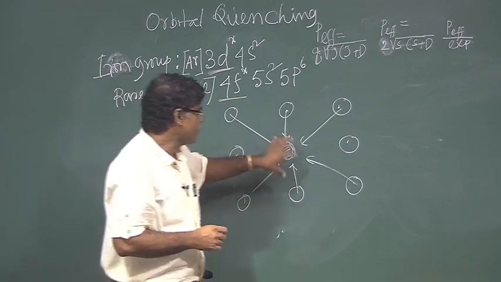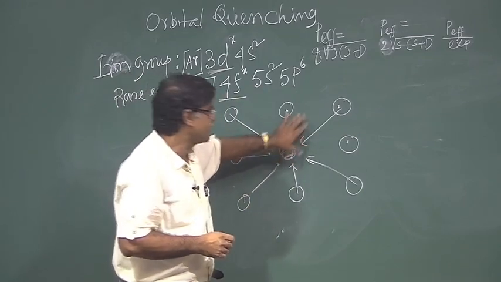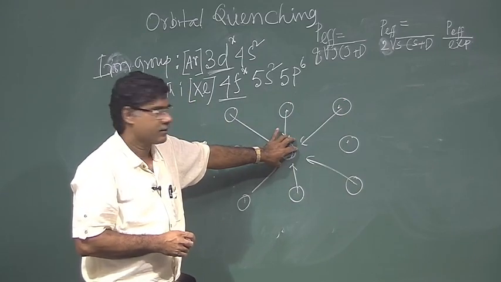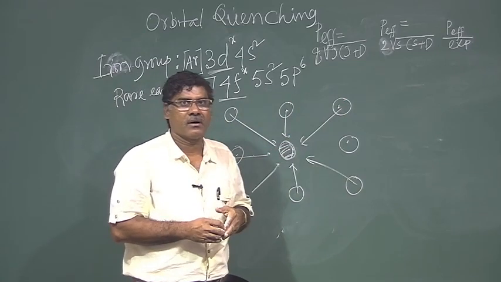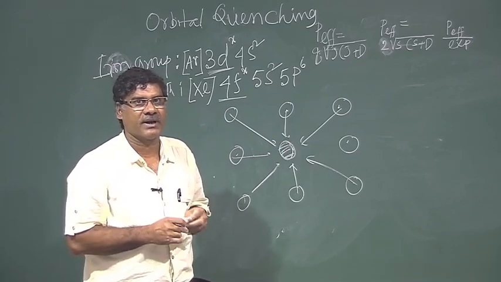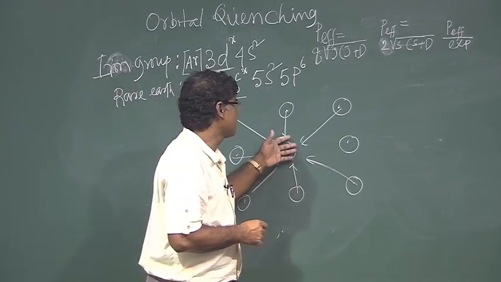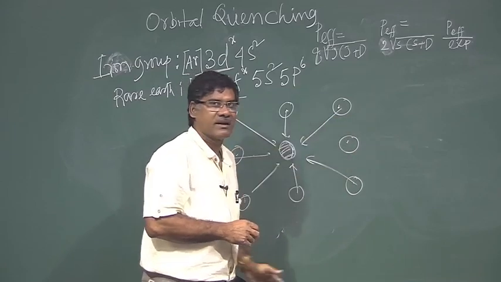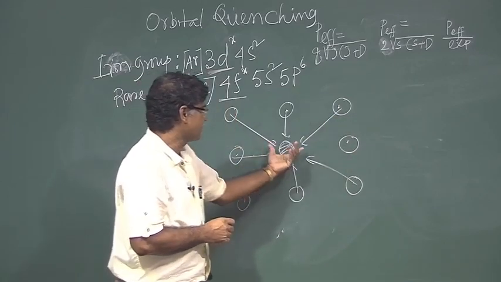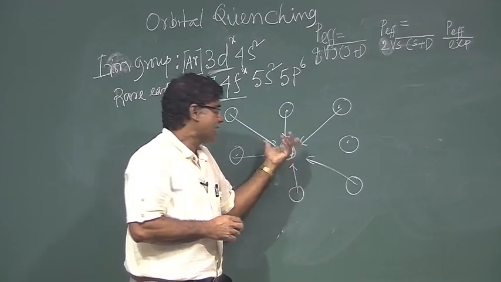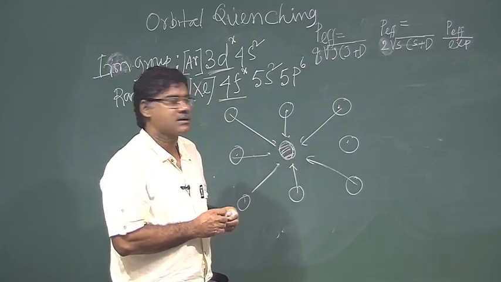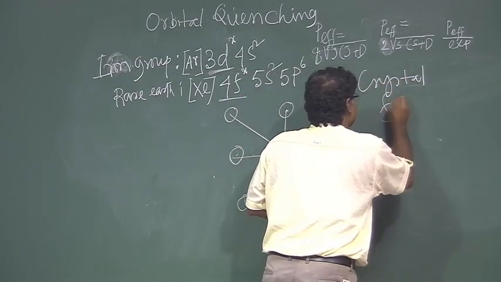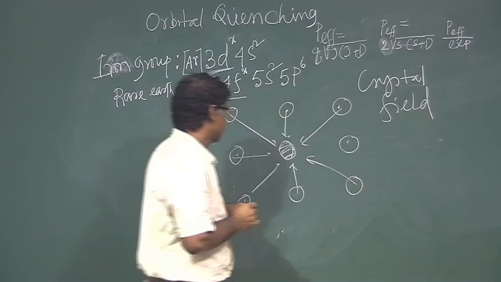So, there will be an effect of this electric field on these ions. It is not free. It is not the case that there is no effect from the neighbors; there is an effect. Okay. So, that is called the crystal field.